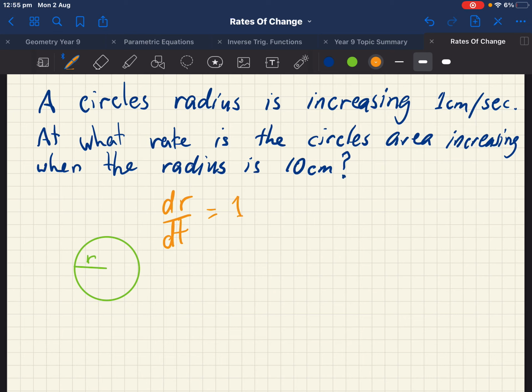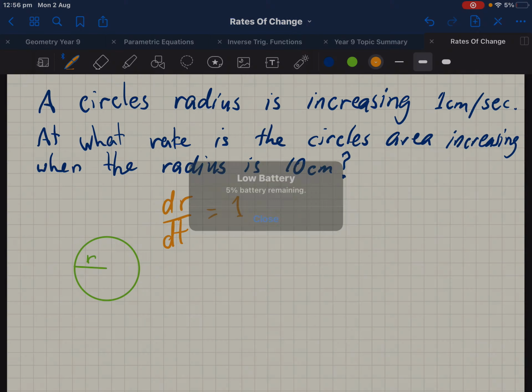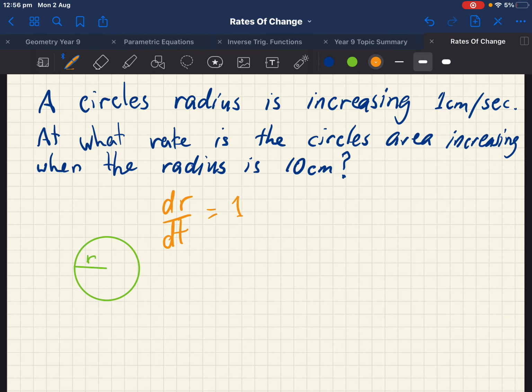At what rate is the circle's area increasing when the radius is 10? They're asking us to find the rate at which the area is increasing with respect to time, dA/dt. How fast is that area increasing? This is what we're trying to find.